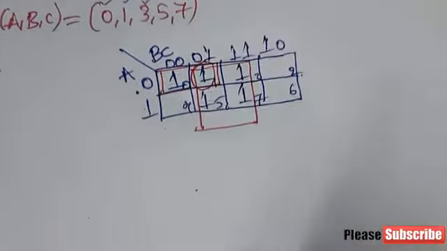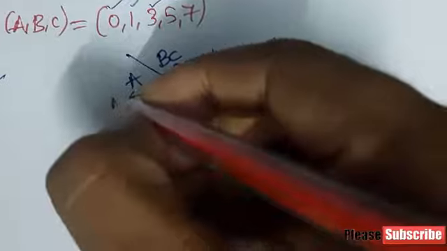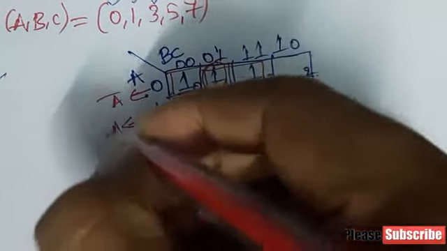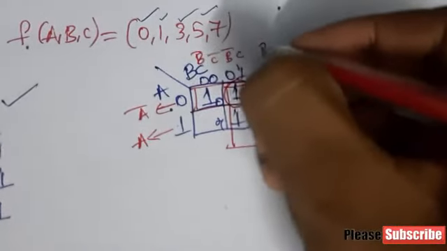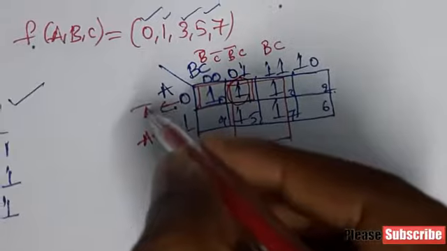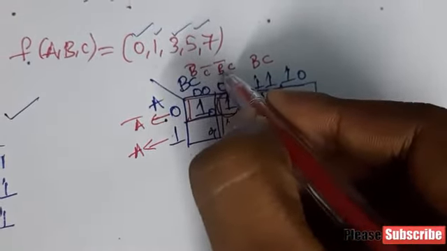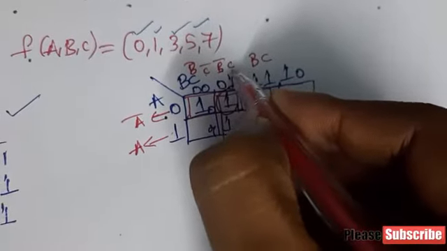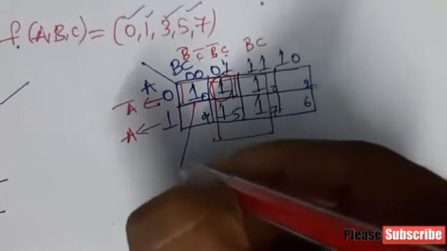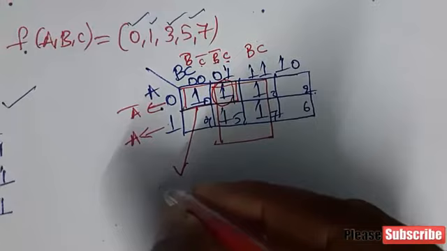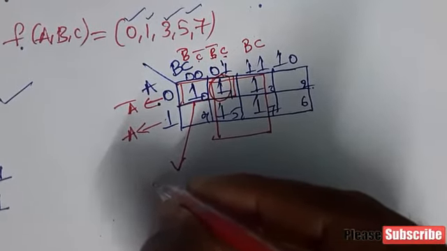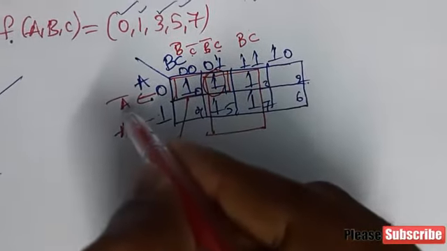Now you will know the answer. This will be A bar, this will be A, this will be B bar C bar, B bar C, this will be B C. A plus A bar is 1, here B bar is common, C plus C bar is 1. Sorry, here A bar only, right?